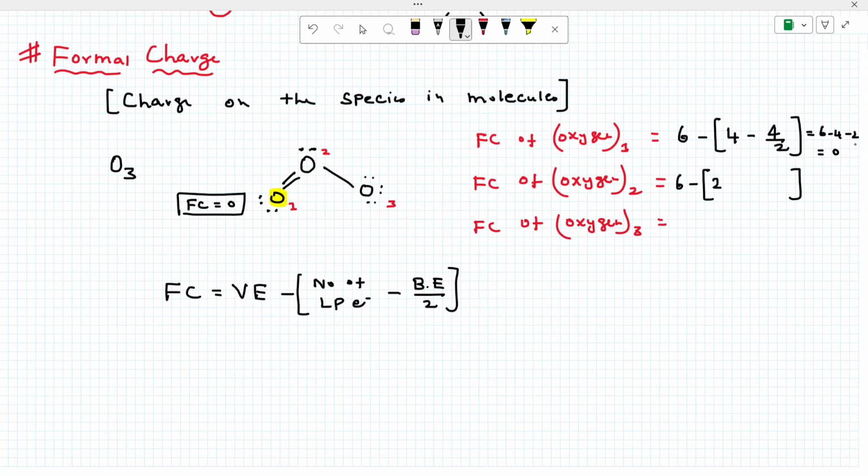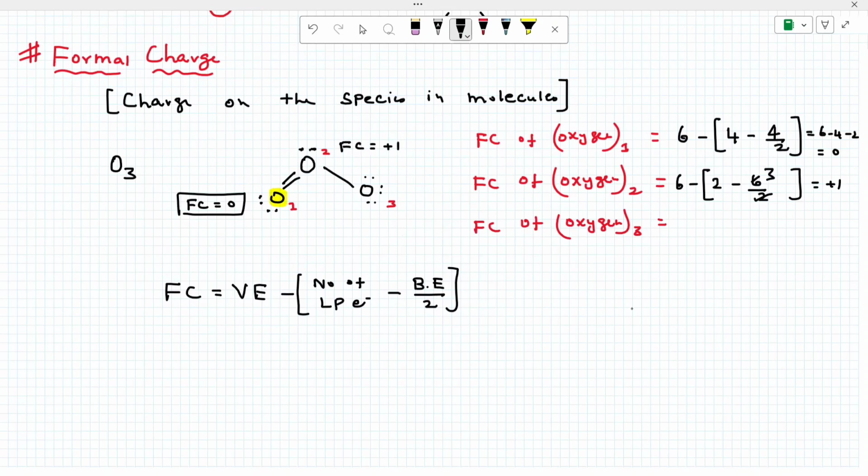This O2 oxygen is surrounded by 3 bonds, so 6 by 2, which is 3. Therefore the answer is +1. The formal charge of the second oxygen is +1. You got the point?